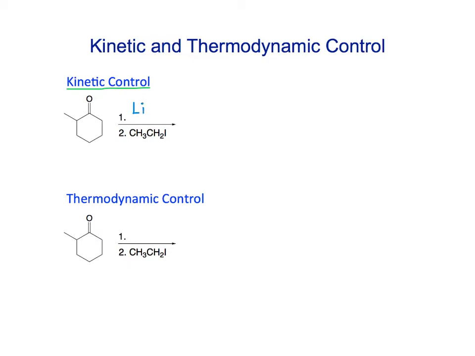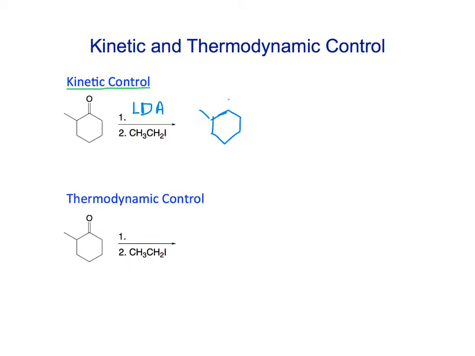And here, I'm not going to draw it all out. That is just what LDA is. It's one bulky base. So in this condition, this enolate formation is essentially irreversible. It's going to be one-directional because the base is so strong, the equilibrium is just going to lie on one side.